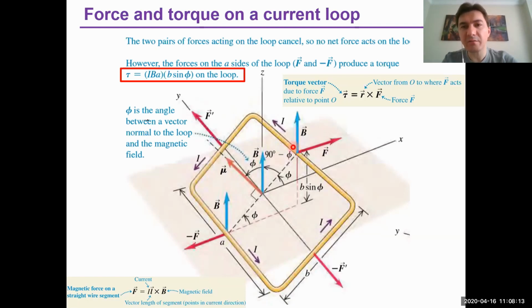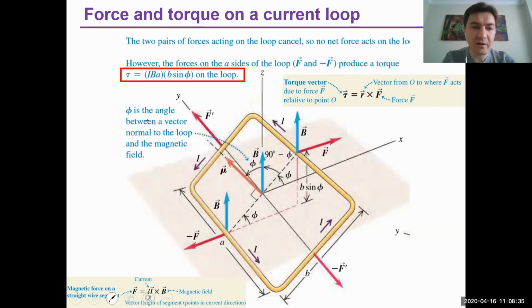The lever arm to the origin will be given by b/2 times sin phi. Then you can get the torque like this. What is the force here?